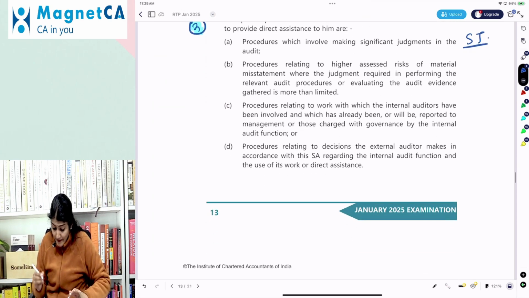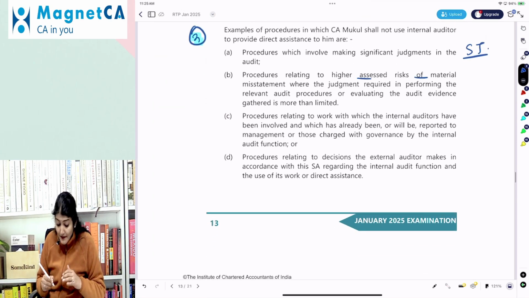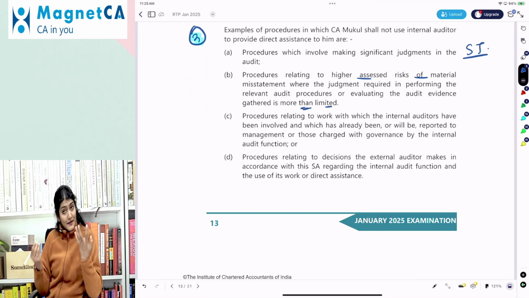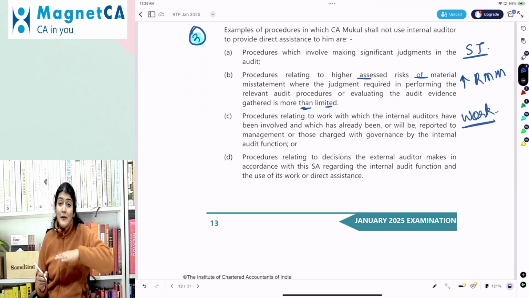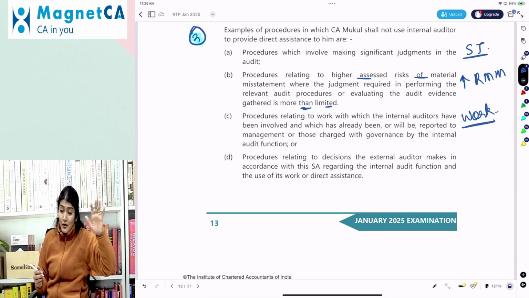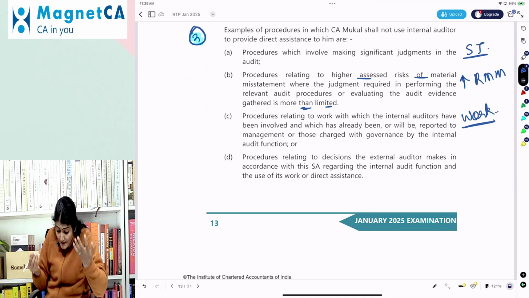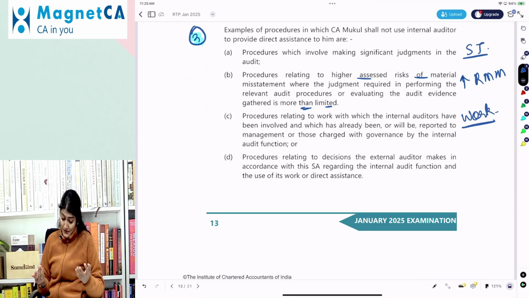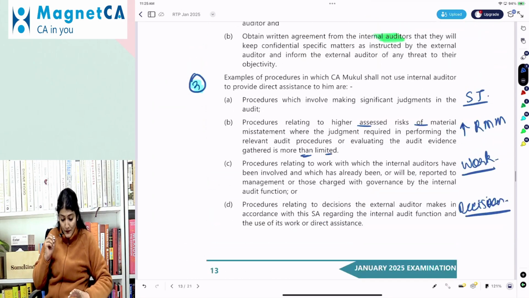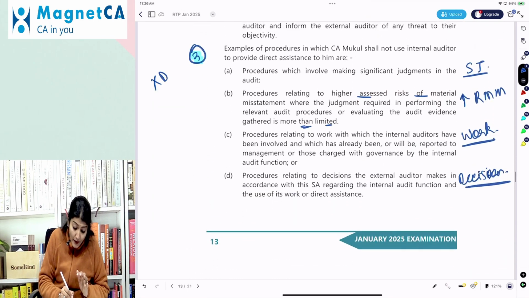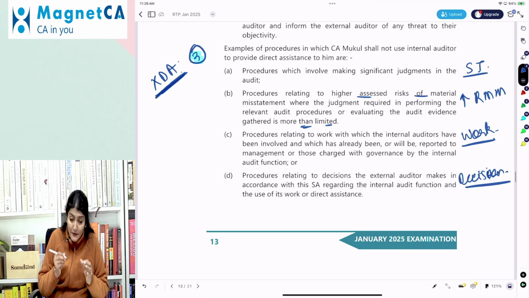Second, where there is a higher assessed RMM, or the judgment required is more than limited. Then work which has already been performed by the internal auditor, for which he has reported or is going to report to the management, and decisions taken by the external auditor in accordance with this SA. So these are the four situations where no direct assistance can be taken.